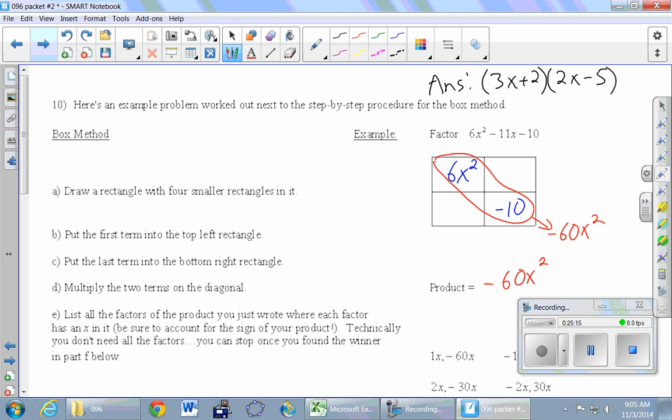We better get negative 60x squared, right? When we multiply these two diagonals, we get the same thing both times. So this is an important piece of information: the two blanks better multiply to negative 60x squared. So all we're going to do is list all the ways to multiply two things together to get negative 60x squared.